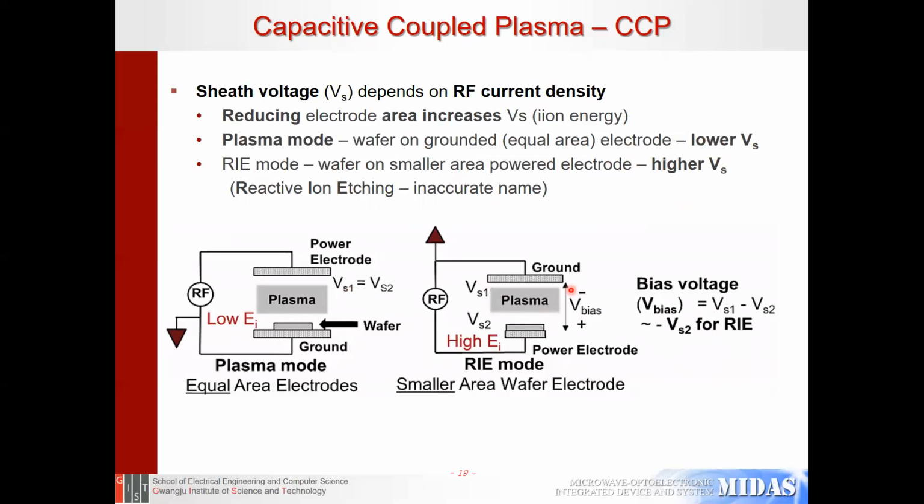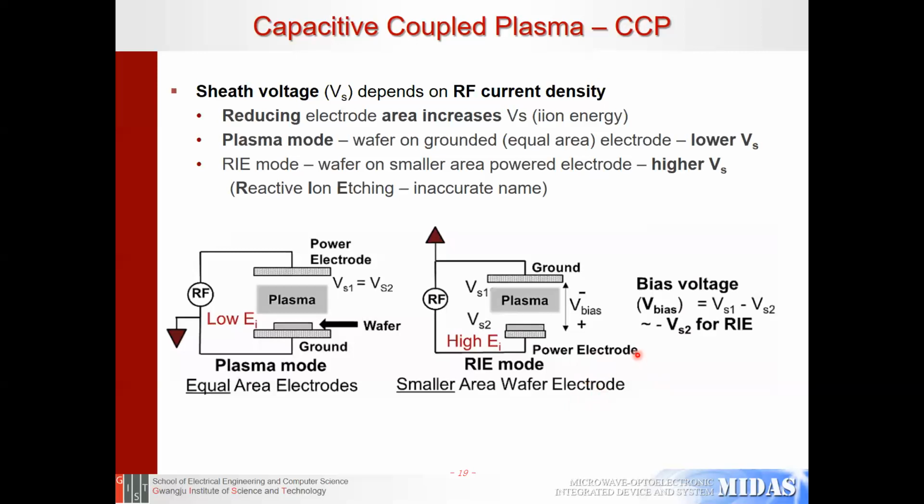The second case is the RIE mode, which is also known as reactive ion etching. It refers to the case where we have one small electrode and one large electrode. Typically we put the wafer on the smaller electrode so that we can get this large voltage.